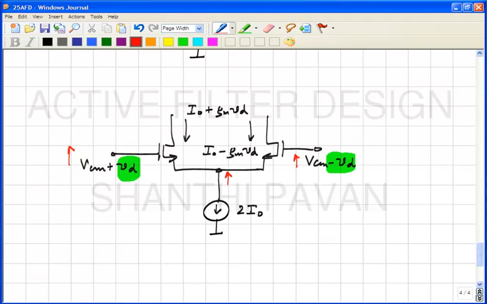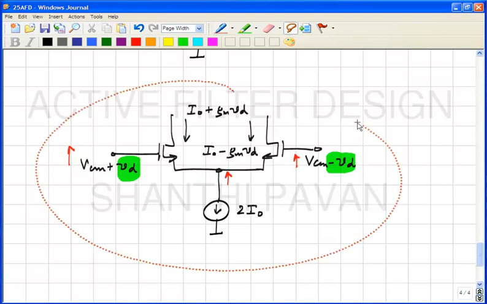Or no? In a small signal common mode, the source voltage is VCM. The source voltage is not VCM. I thought you just said that source voltage is VCM minus something. Oh, small signal. Okay, all right.